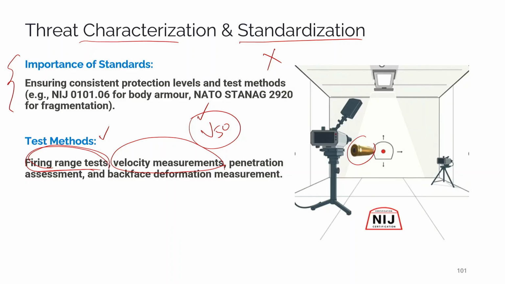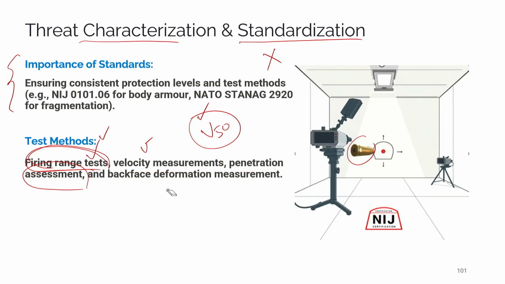But at the firing range, what is the velocity of the bullet, that we have to measure. We must know the penetration, how to assess the penetration properly, and also back face deformation.